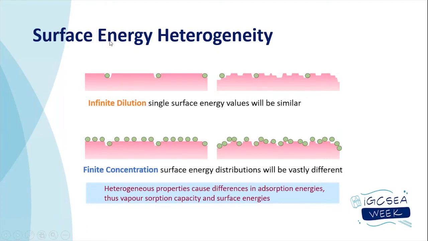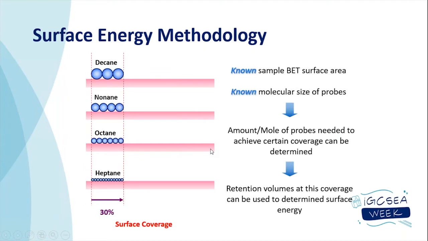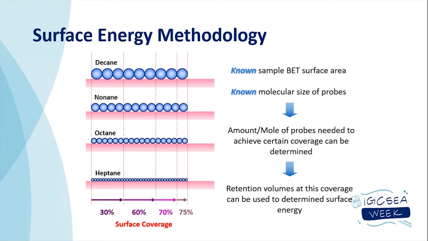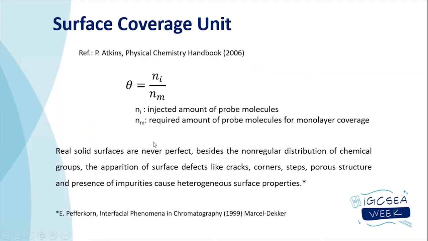This is kind of like shining a flashlight at one spot, versus shining a floodlight across the entire surface. We can tailor this and structure the vapor to surface ratio to build up a profile of surface energy as a function of surface coverage.